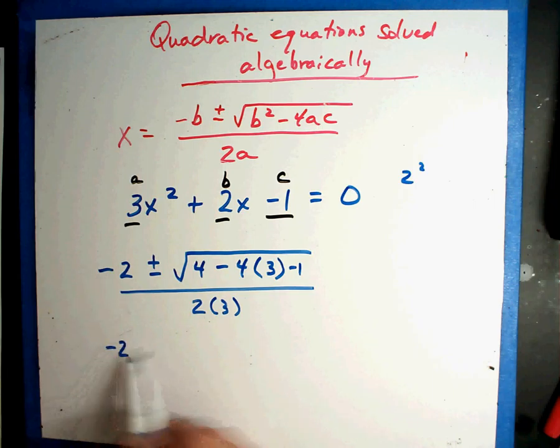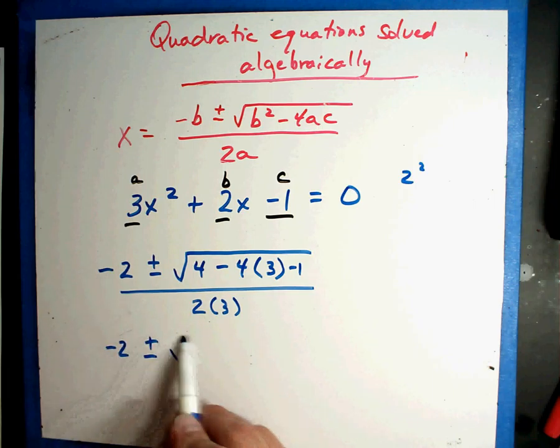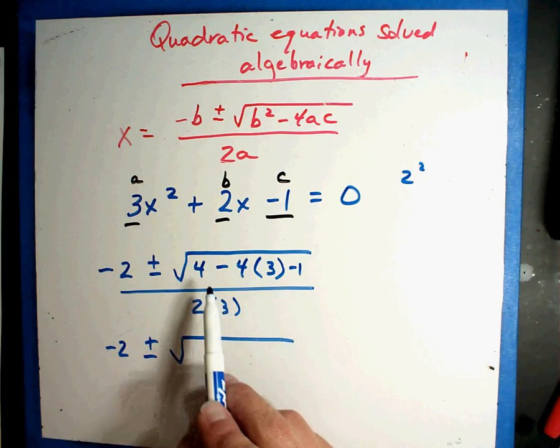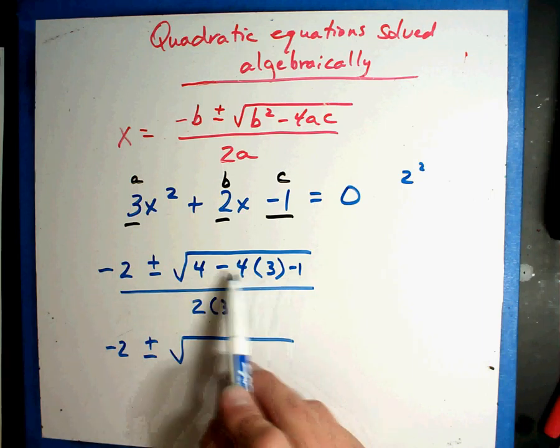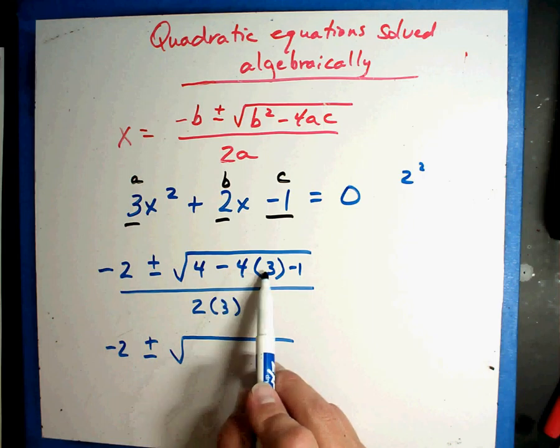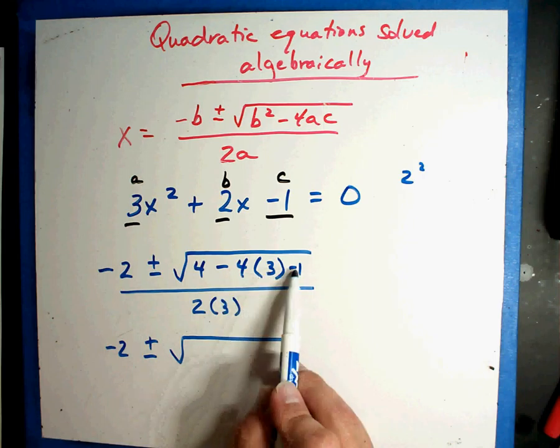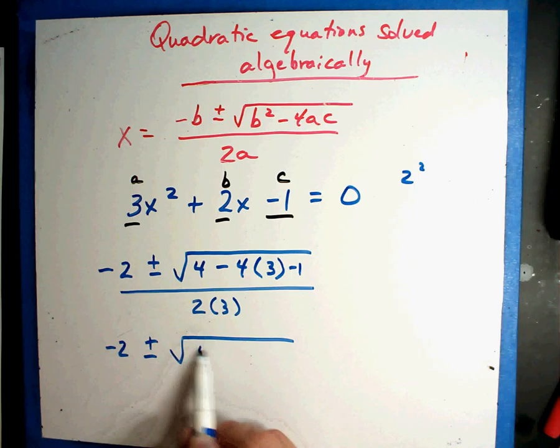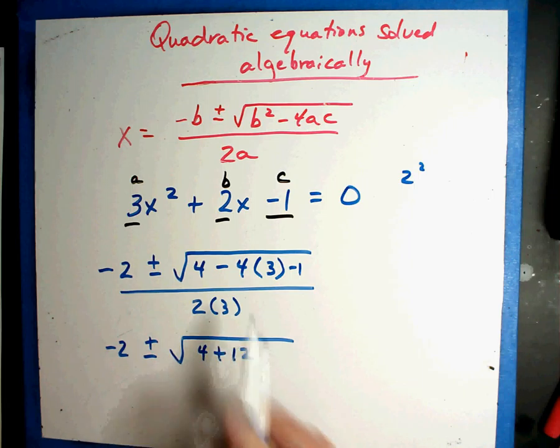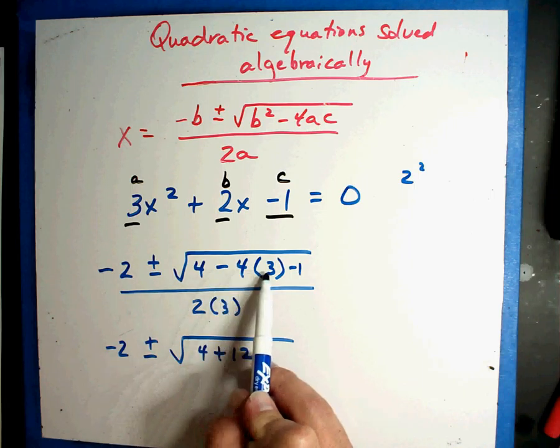-2 plus or minus square root. Let's figure out all this stuff under here. These are all multiplied. -4 times 3 is -12. Times the -1 is a +12. So it's 4 plus 12. Let's do it one more time. -4 times 3 is -12.